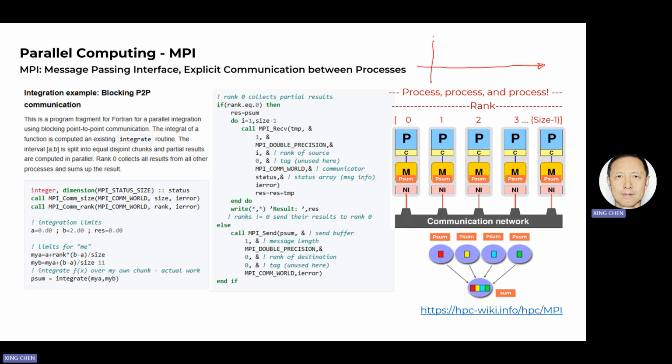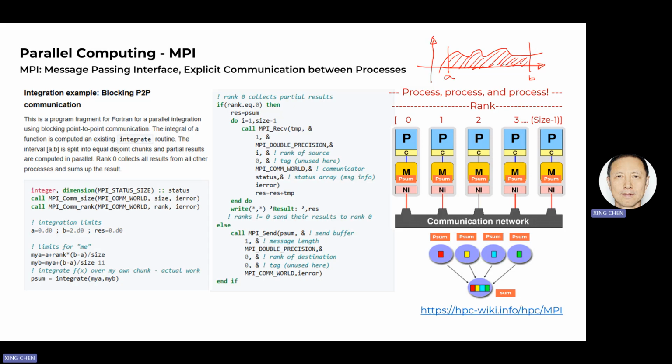Suppose you have a curve, and this starting point is A, and this point is B, and you need to calculate the integration of this curve. Now, if we have just one CPU or just one server, you just run your program and it's going to work.